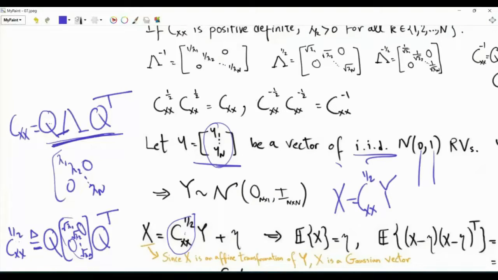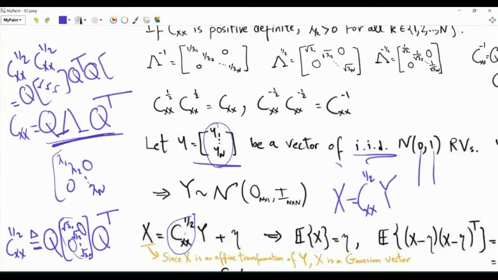It is called the square root of the matrix because if we multiply it by itself, we get Q, the matrix with the square roots, Q transpose, and then another Q, the matrix of the square roots, and Q transpose. Q is an orthogonal matrix, so this gives identity.